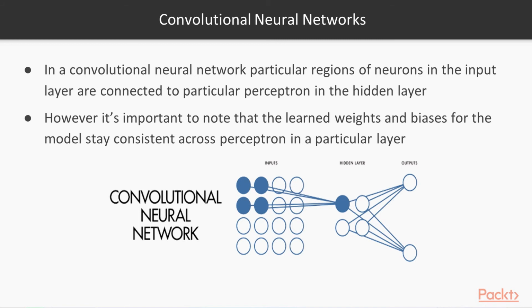However, it's important to note that the learned weights and biases for the models stay consistent across perceptrons in a particular layer. And activation functions apply transformations to the output of each perceptron, and pooling allows us to reduce the dimensionality of the output.